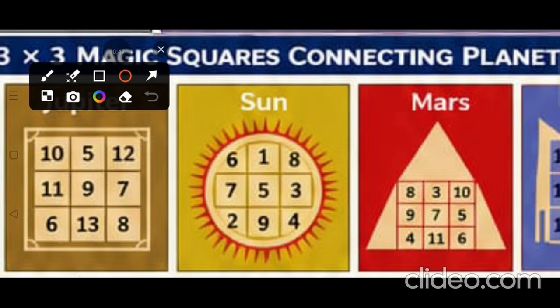So the sum of each row will be 27. In the magic square of the Sun, the middle number is 5. So the sum will be 3 5s, 15. In the magic square of Mars, the middle number is 7. So the sum will be 7 3s, 21.